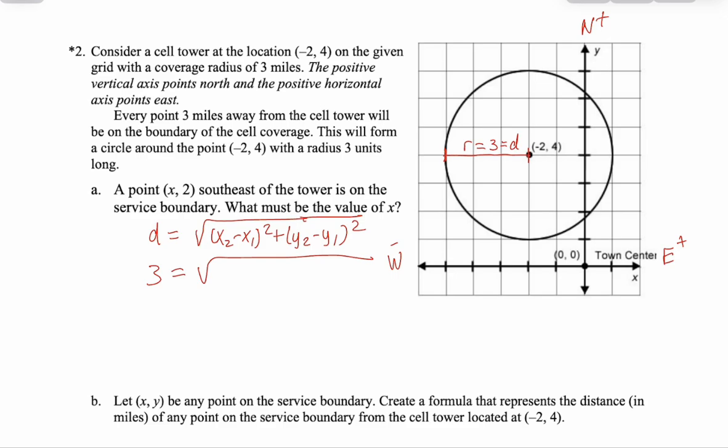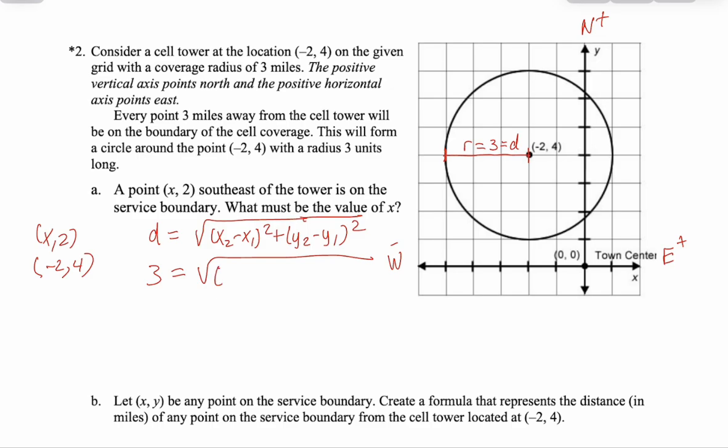We know one of the points, the cell phone tower, is at -2, 4. So we're going to call -2, 4 our x1, y1. No, that's going to be our x2, y2. This one's going to be our x1, y1. So let's plug it in.